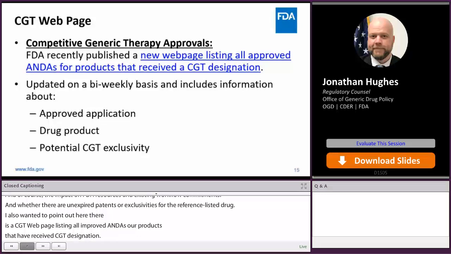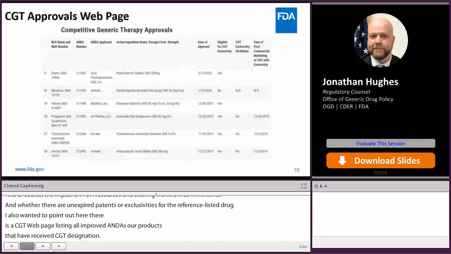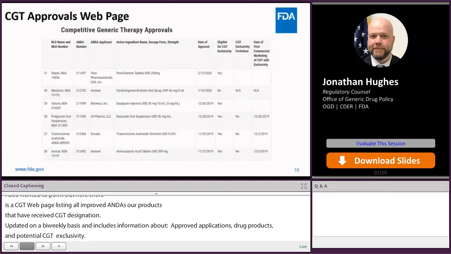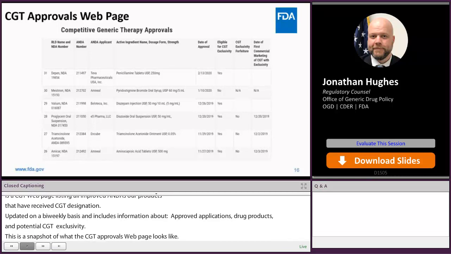This is a snapshot of what the CGT approvals webpage looks like. You'll see the RLD name and NDA number, the ANDA number and the ANDA applicant, active ingredient, dosage form strength, date of approval, and whether or not it was eligible for CGT exclusivity.